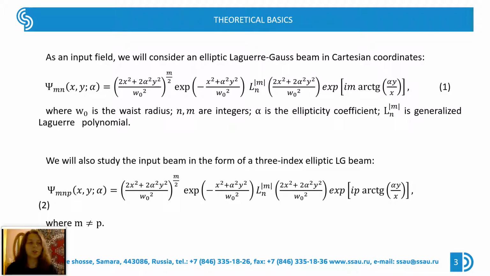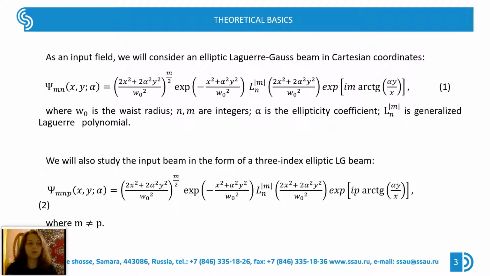LG modes are paraxial light fields with a radially symmetric intensity form, modes of resonators, optical waveguides with a parabolic refractive index, and also retain their structure up to a scale during propagating in free space and passing through lenses. In this paper, we study the propagation of an elliptic LG beam, which can no longer be considered a mode.